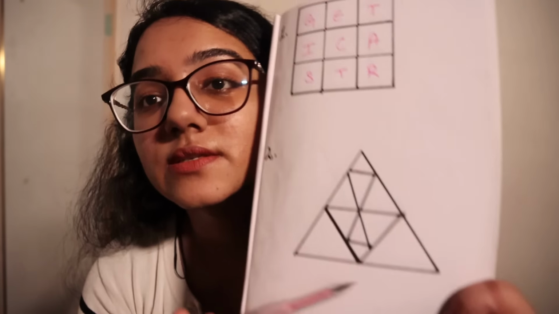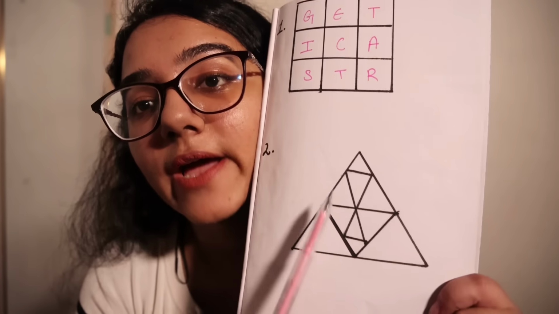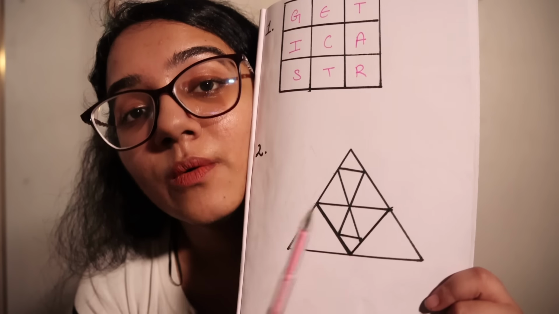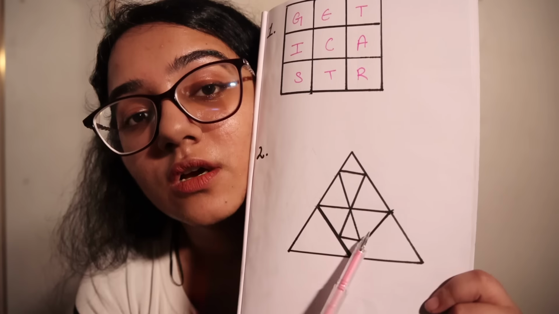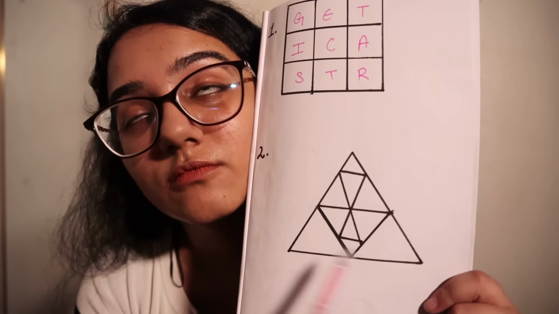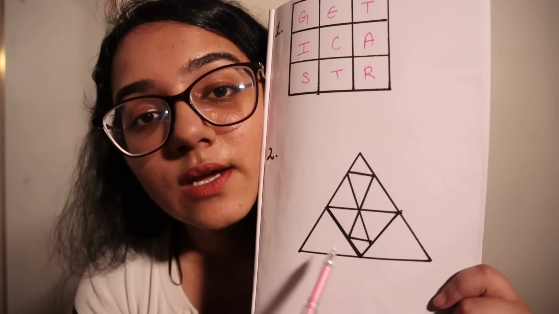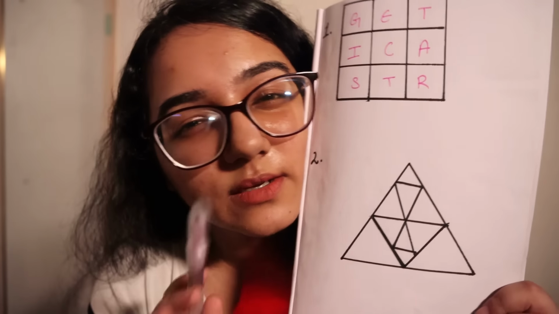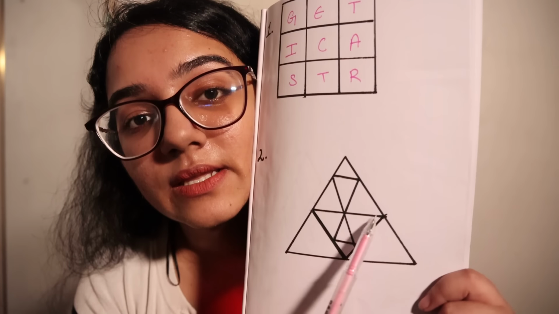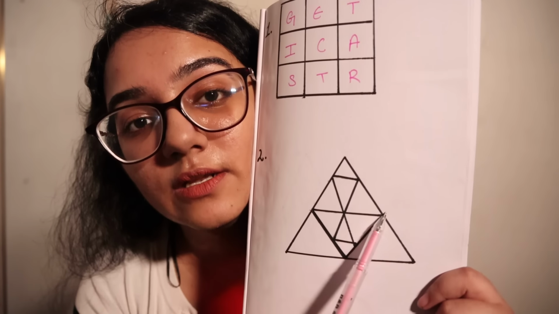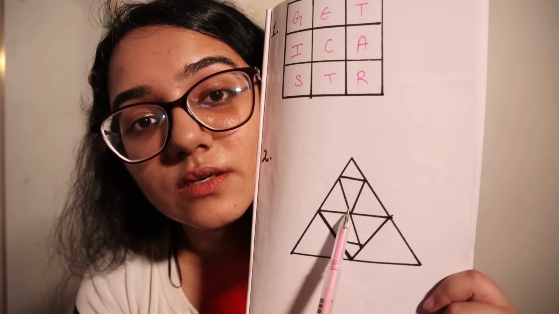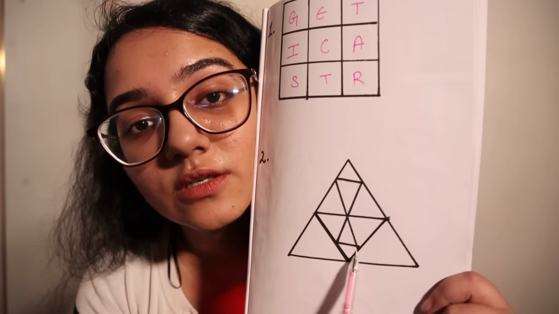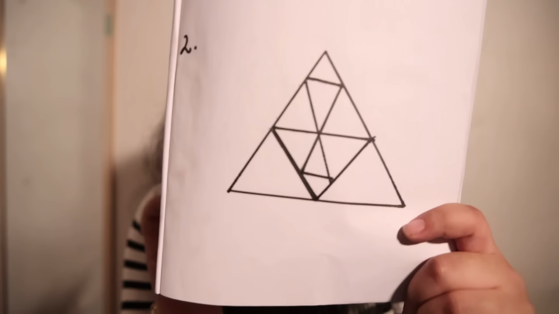So we have this triangle image, right? And I want you to tell me how many triangles are there in total. Just so you know, there are overlapping triangles as well. For example, this is a triangle, but this is also a triangle. So how many triangles?